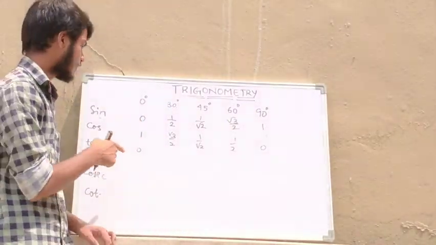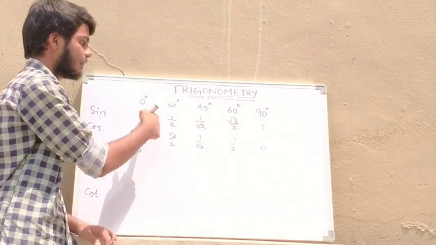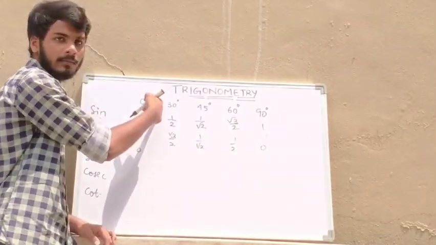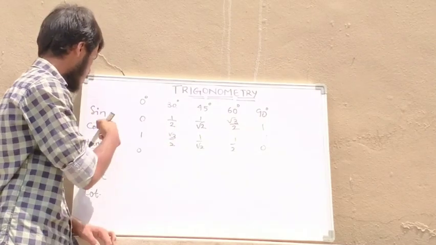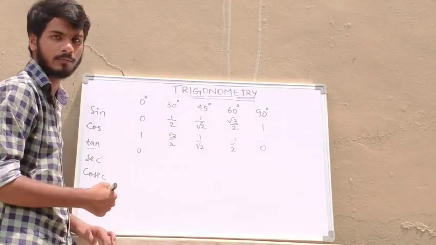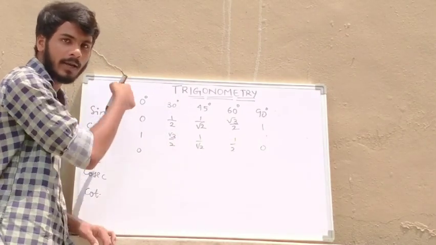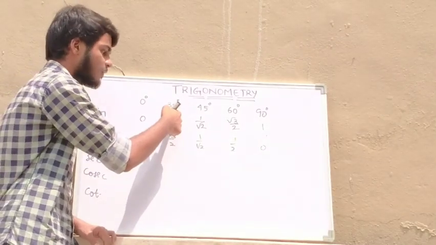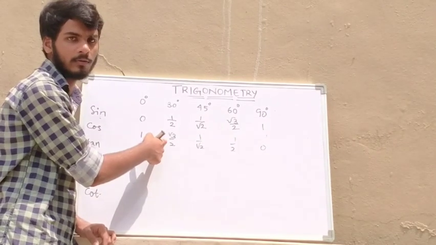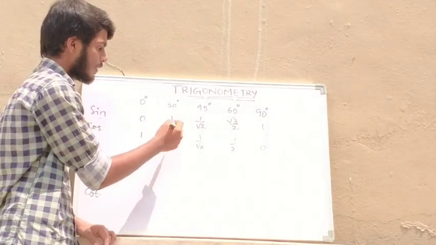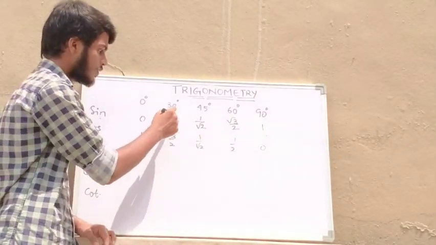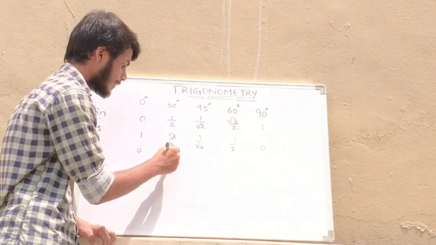Tan 30 is nothing but sin 30 by cos 30. Sin 30 value is 1 by 2. Cos 30 value is root 3 by 2. So tan 30 equal to 1 by 2 by root 3 by 2. So 2 gets cancelled. So the answer is 1 by root 3.